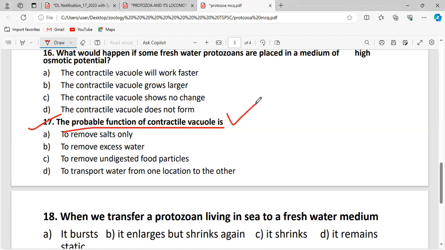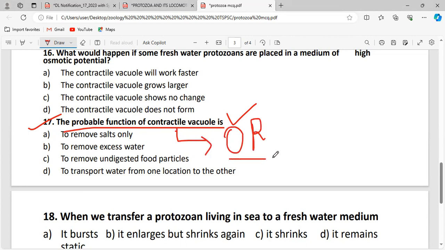Is it so? What is the function of contractile vacuole, Lalita? To remove the undigested food particles. What did I say? This contractile vacuole is known for its osmoregulation.